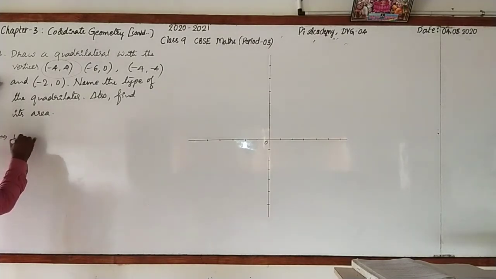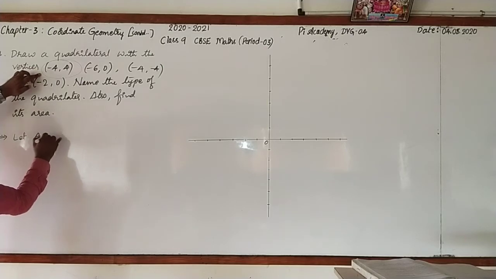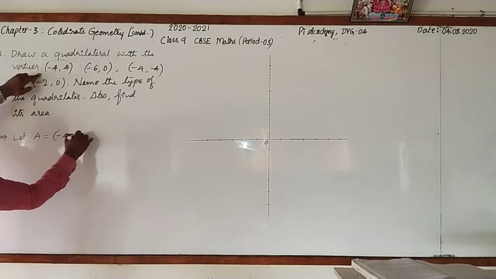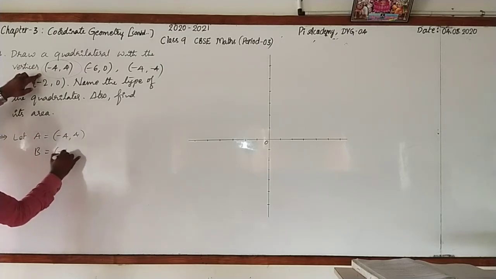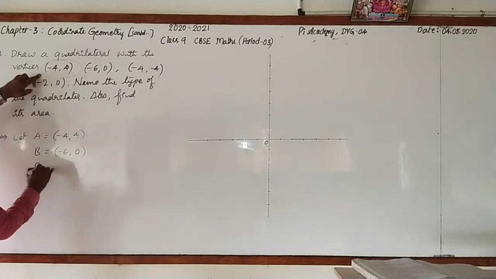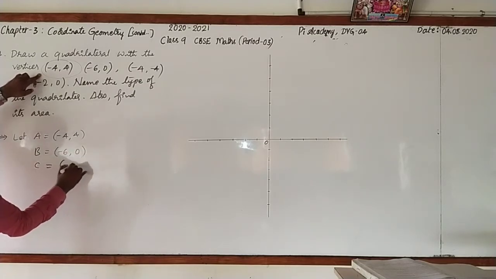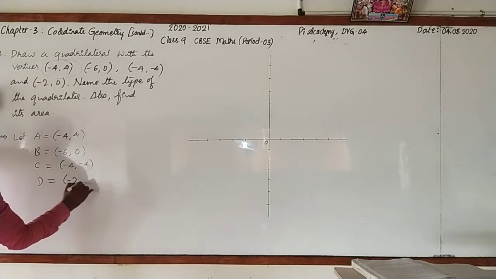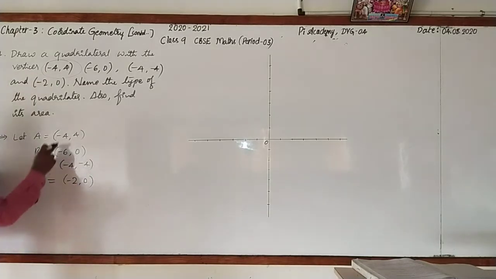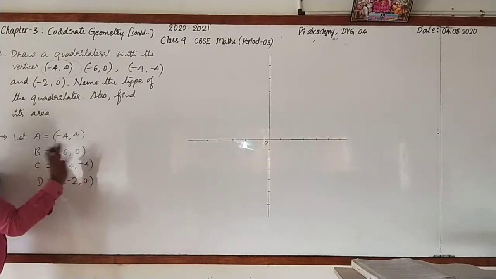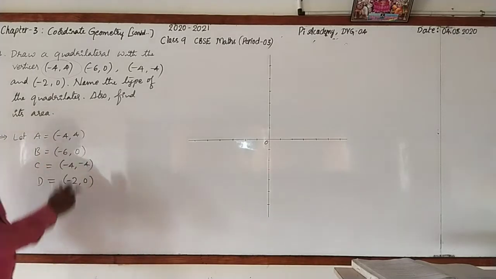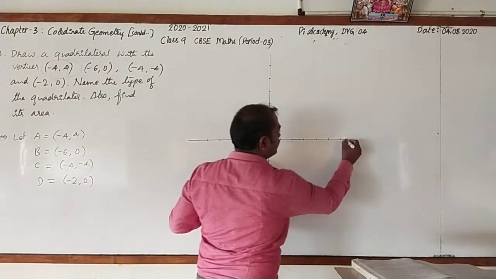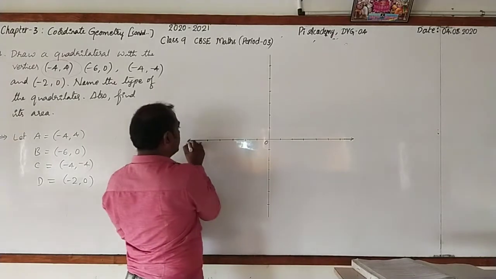Here, I'll go for naming these. Let A equal (-4, 4), B equal (-6, 0), C equal (-4, -4) and D equal (-2, 0). Okay, in X the maximum is -6 and here maximum -4. Hence, let us go for drawing the X and Y axis.